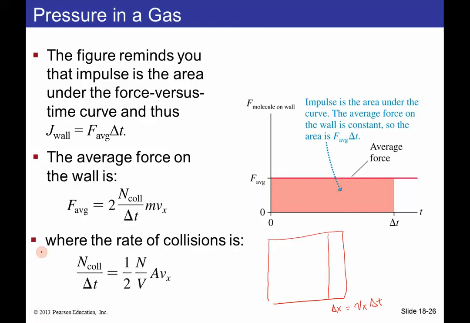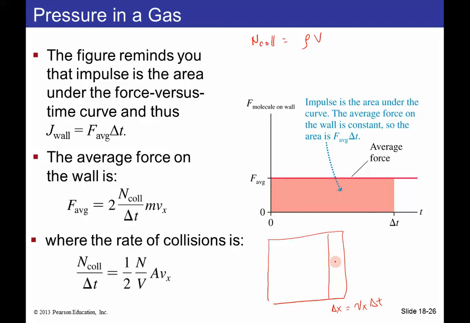that N collision, the number of collisions, is equal to what? Well, it would be equal to the number of particles in this volume, right? The number of particles in this volume is rho, the density, times the volume of this section here.